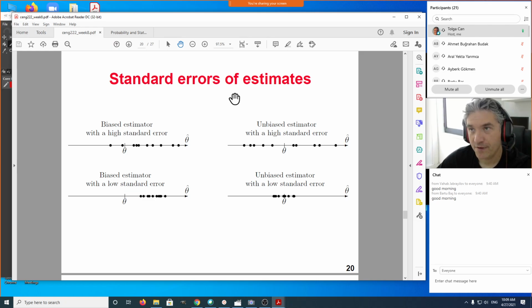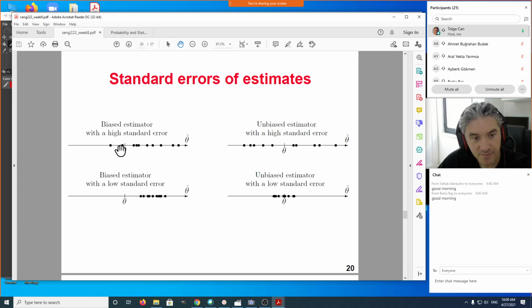If we sample a number of times and look at how each of these sample statistics varies, and we compute the standard deviation of that, that becomes our standard error. So, let me repeat, standard error is the standard deviation of our sample statistic, our estimator.